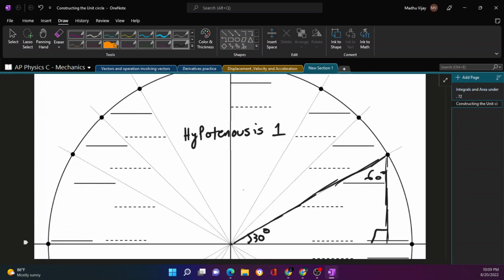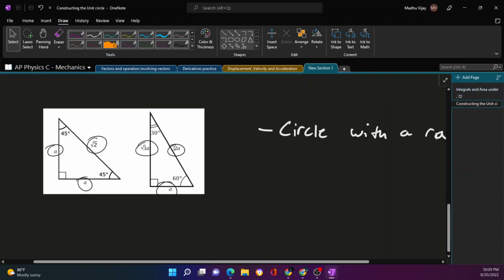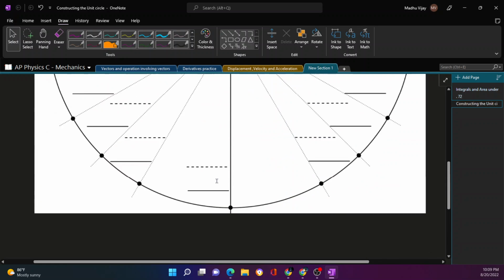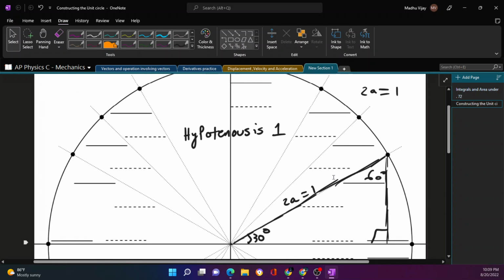The special right triangle says that 2a is the value for the hypotenuse of the 30, 60, 90, so we can say 2a is equal to 1 in this case. And when we solve for a, we get a is equal to 1/2.